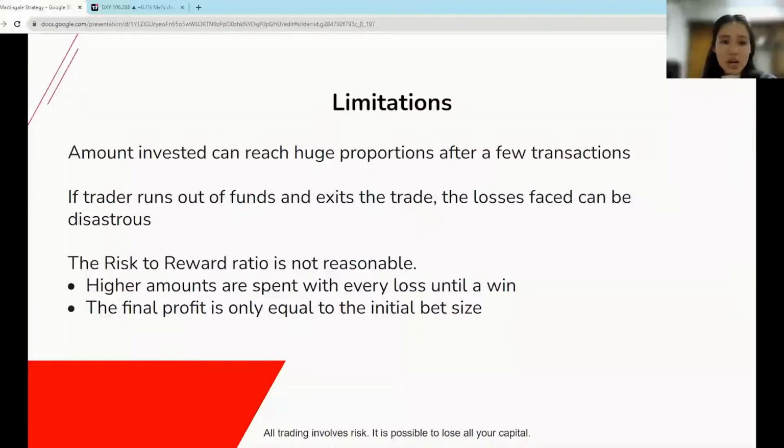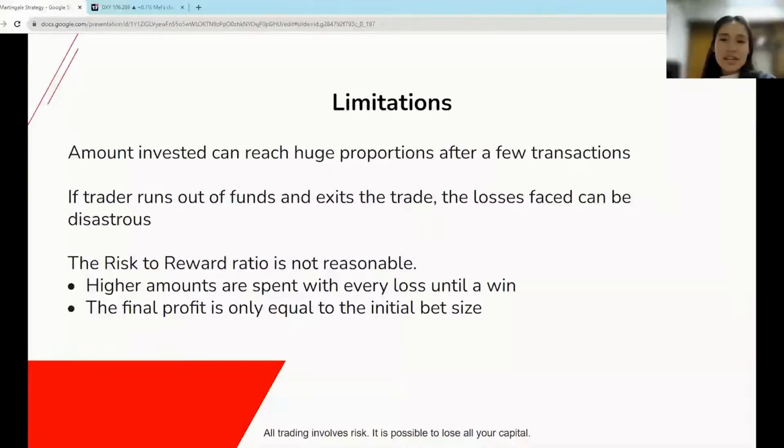Okay, so I'm just going to quickly go through a couple of risk management or trade management strategies that you can implement if you are considering using the martingale strategy, just to prevent losses.